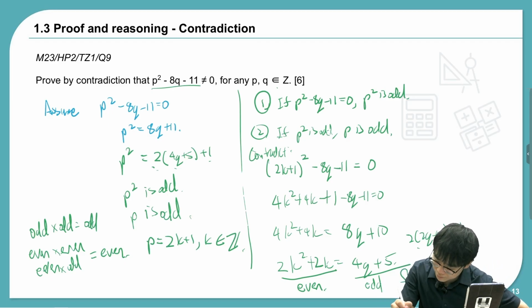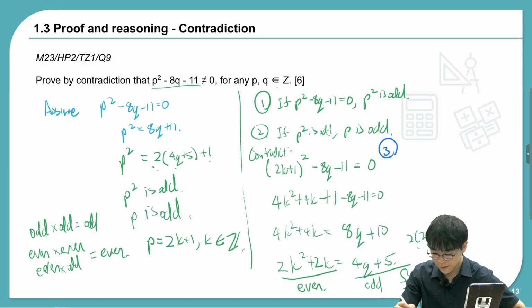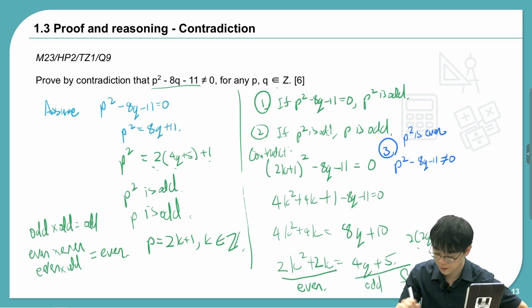So the third statement, the last piece of the puzzle, would be that if P is odd, then P squared minus 8Q minus 11 cannot be 0, right? Because P squared is even in terms of K.